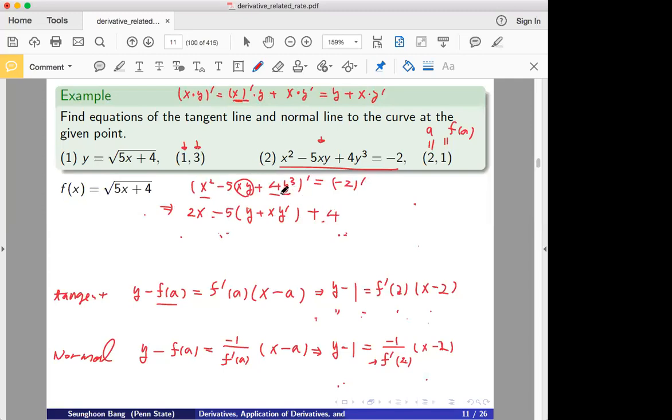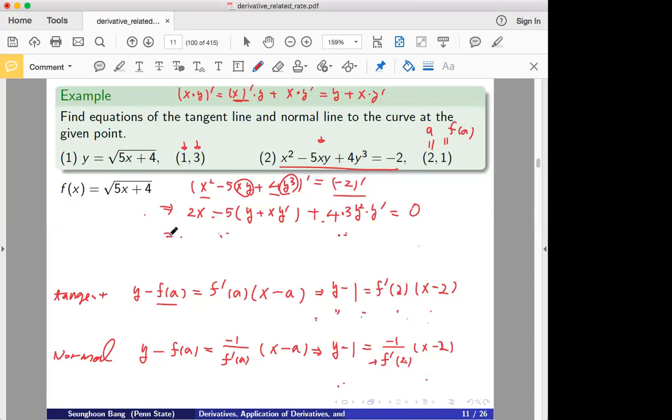Now find y cube prime. What is y cube prime? Y cube prime is 3y squared times y prime, right? The outer function prime is 3y squared times y prime, equals negative 2 prime, which is 0.